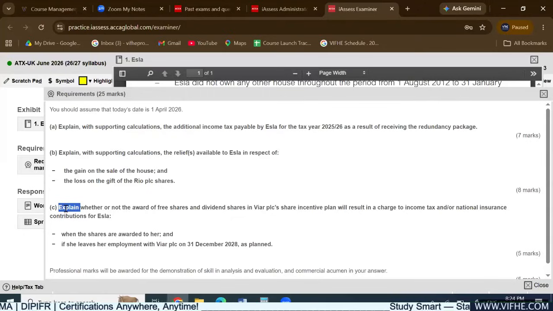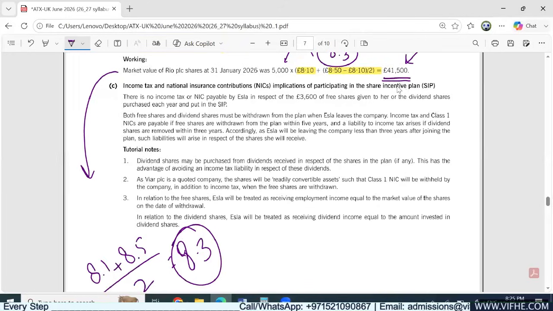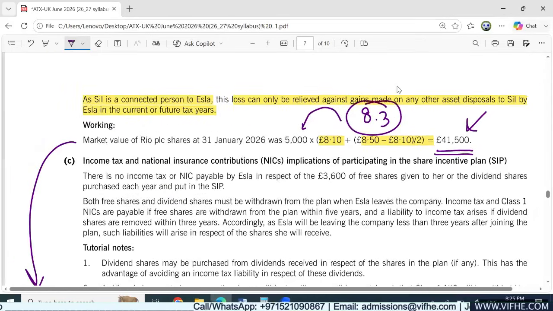Though a little bit of calculation with respect to other share schemes can be asked, with SIP the things are quite difficult, or I must say quite comprehensive, which is why they are not usually examined to the point where you'll have to show the calculation. It's merely the explanation which is a must. Okay, and these are the tutorial notes. So that is it.